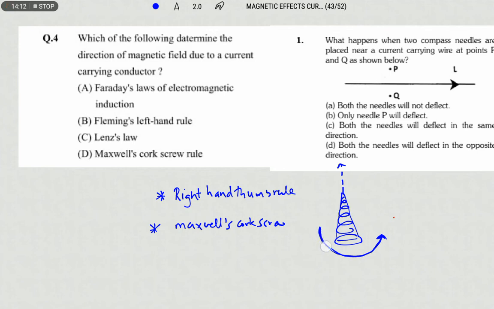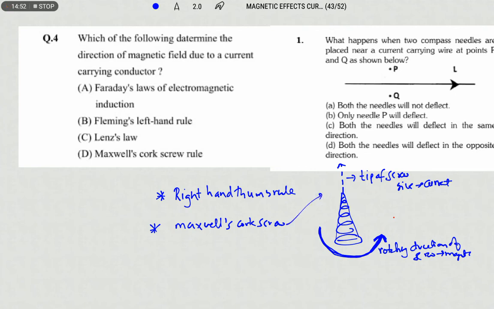So we need to rotate the right handed screw in anti-clockwise direction. The rotating direction of the screw gives the direction of the magnetic field, and the tip of the screw gives the direction of current. If you didn't discuss earlier, you can write this statement.